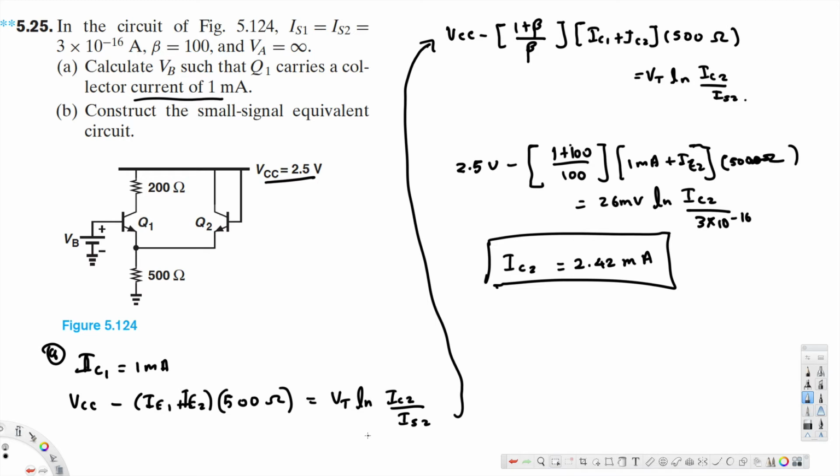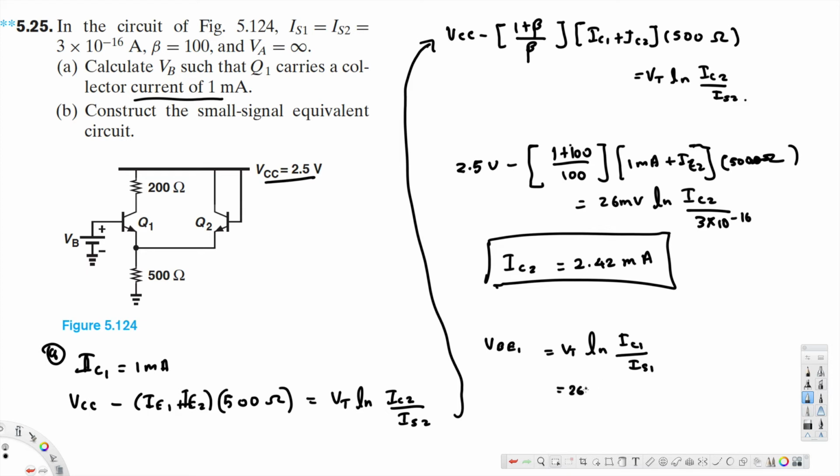Now we have solved for IC2, and we can also solve for VBE. VBE1 is equal to VT ln of IC1 over IS1.